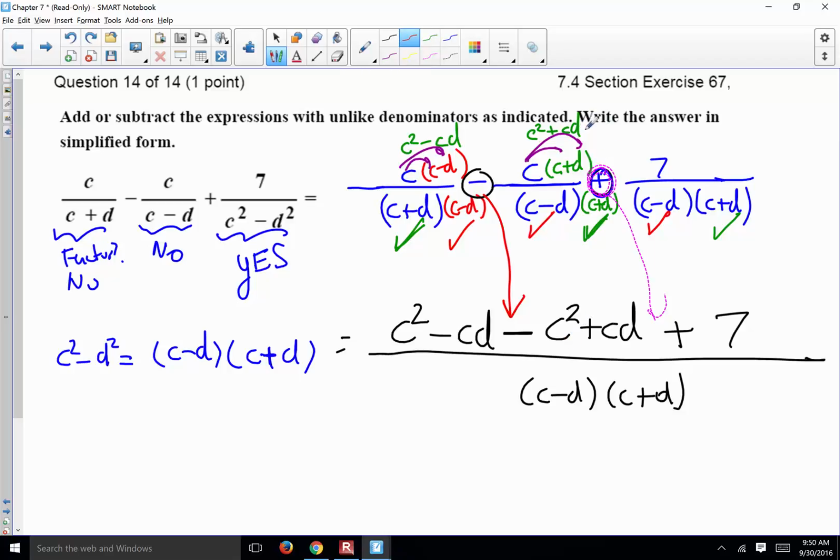When I'm moving this right here, because of the negative sign, I should flip both signs to opposite. This is plus. I made it minus c squared. So this is fine. This is plus cd with this minus sign. It's going to flip to minus cd. Huge mistake.